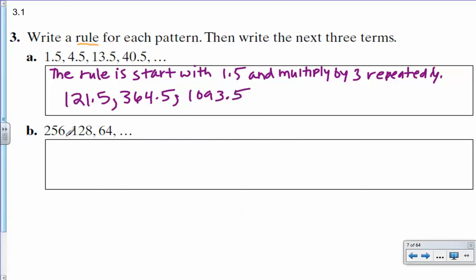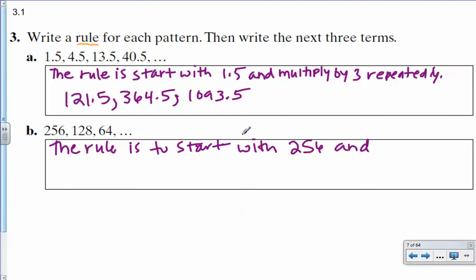All right, and for our next one, we should have gotten that our rule is to start with 256 and divide. I know it's going to be dividing because my numbers are getting smaller.